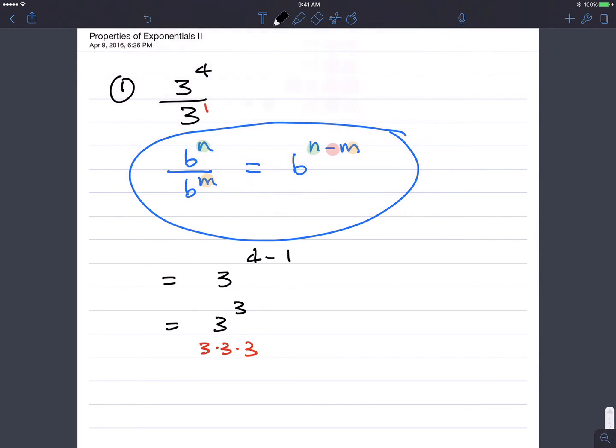The value here is going to be 27. This is what we'll be doing when we divide exponentials with the same base. We subtract the powers and keep the base.